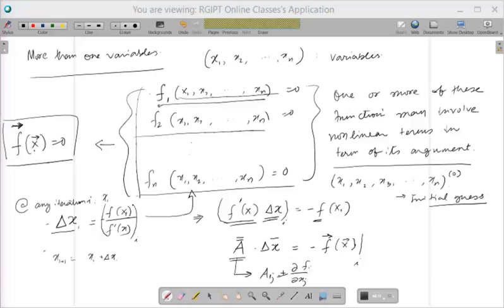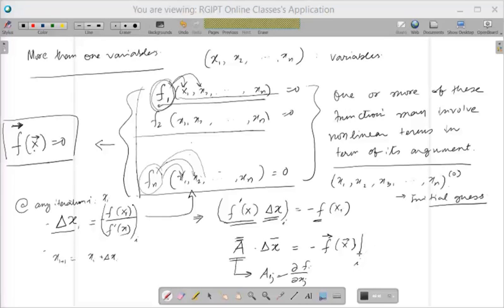To construct this matrix, a11 is the first function's derivative with respect to the first variable, a12 is the first function's derivative with respect to the second variable, a13 is del f1 by del x3, a14 is del f1 by del x4, and so on. And an1 is the nth function with respect to the first variable, and so on. That way you construct the A matrix.